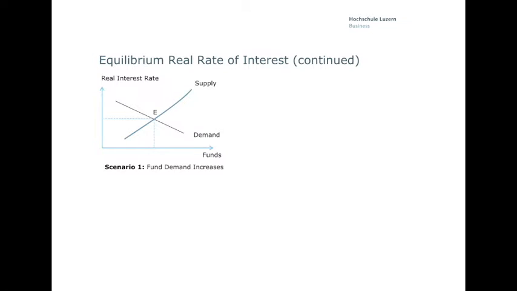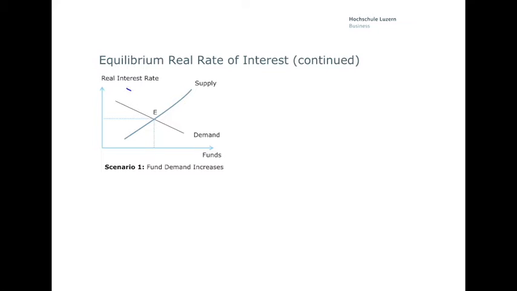Continuing on the previous slide, let's do a few examples. With the help of these graphs, you should be able to predict what happens to real interest rates if demand or supply change in either direction. So in the first scenario, fund demand increases because businesses are optimistic and increase their investment activity.